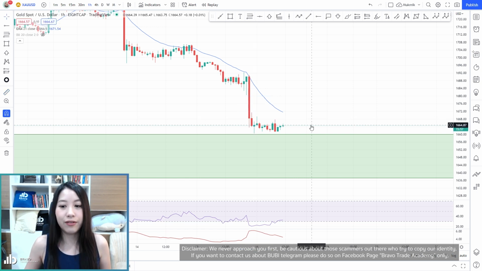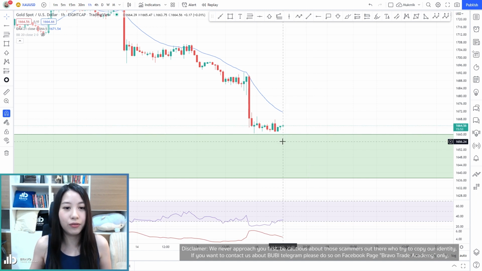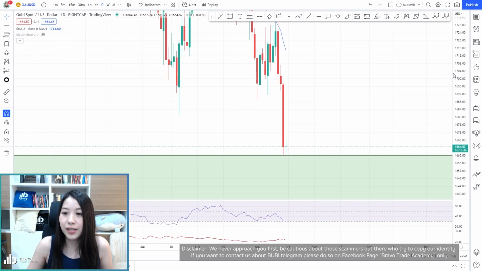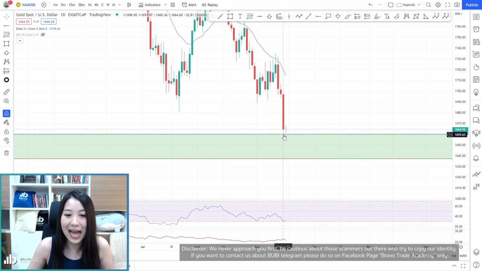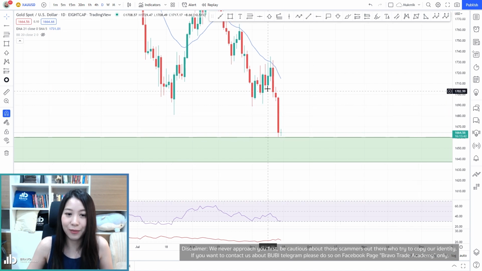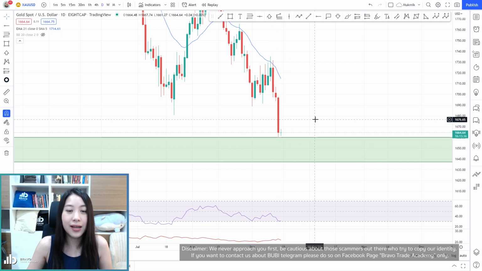If you have a pending order at 1660, please be careful. The best thing is to delete it. Alright, so that went as our plan again, that the price could go back to this demand zone, and the upper border is at 1660.